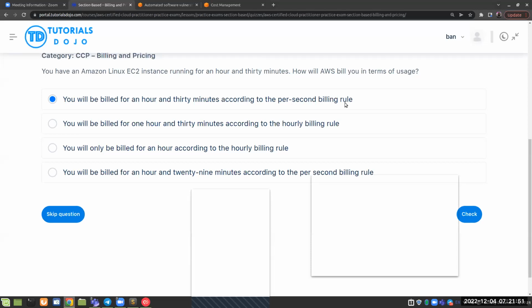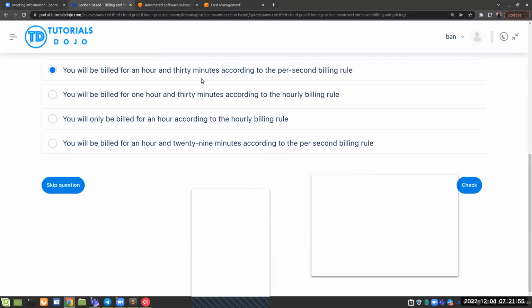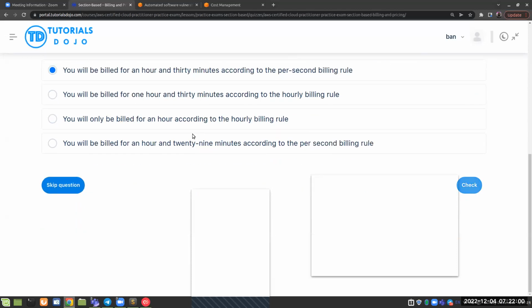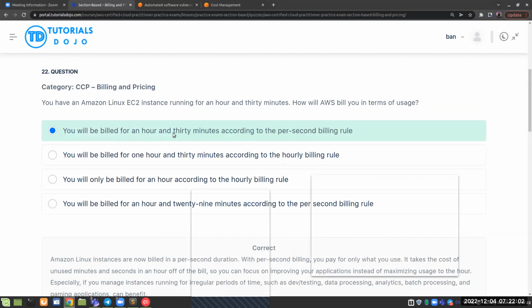So that goes with how you are charged. So the correct answer is A.